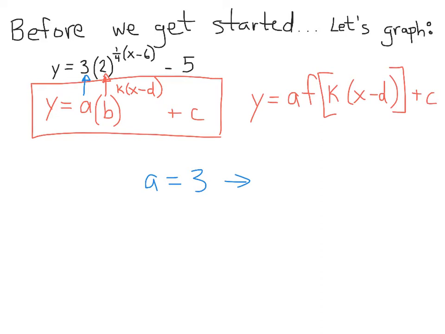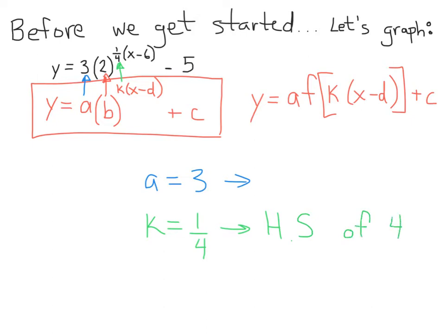In this case, it's a vertical stretch by a factor of 3. Then you have your k value. Your k value is a quarter. However, if k is a quarter, you should know that's a horizontal stretch by a factor of 4.